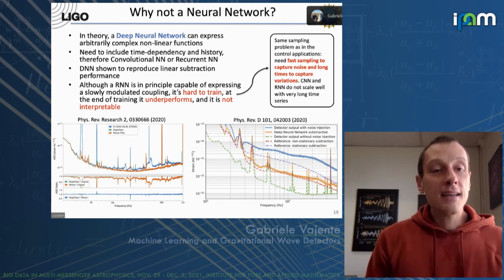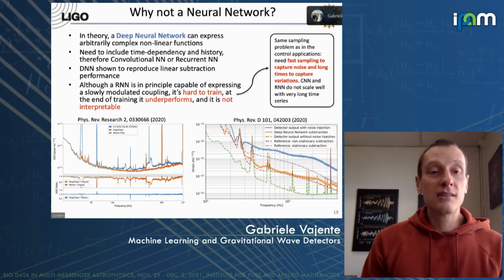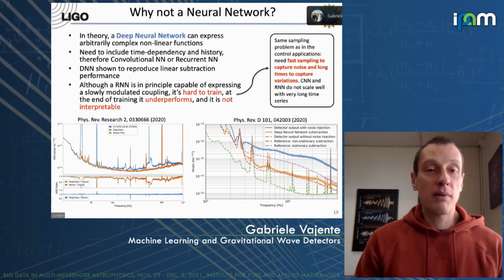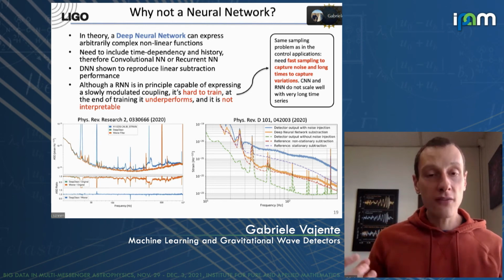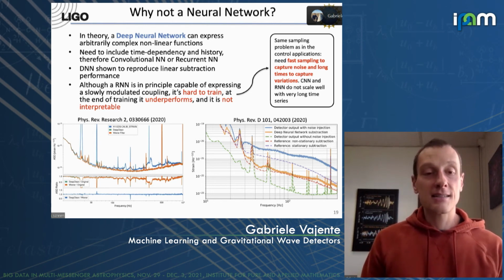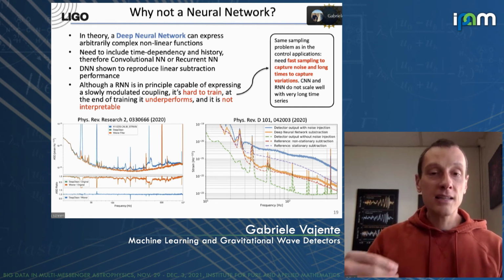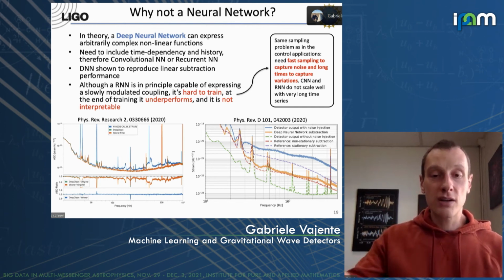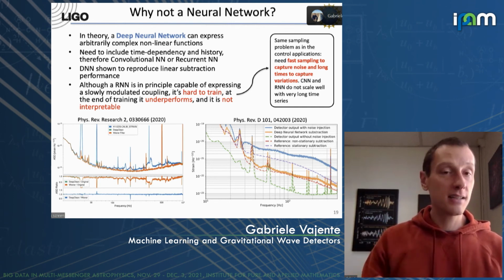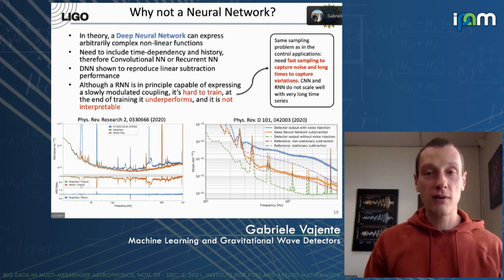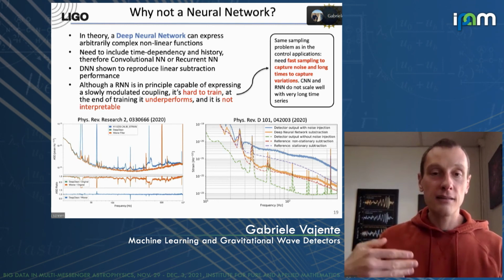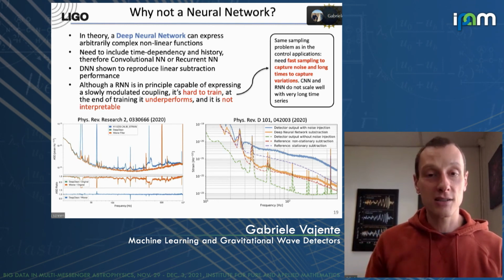The problem again is that we need to include time dependency and the history of the past behavior of the signals. And we have to put together, as in the example I showed, the ability of the neural network to capture the noise around 100 hertz or 60 hertz, but also at the same time to capture modulation at a fraction of a hertz. And then we're back again on this problem of needing fast sampling and long history.